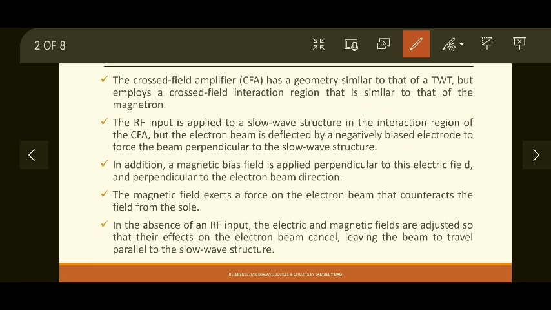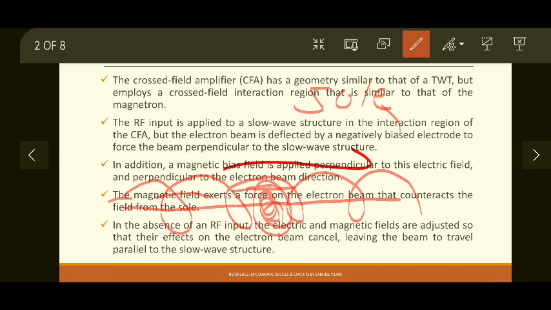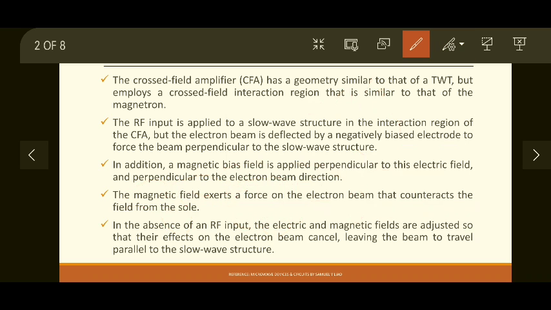This negatively biased electrode, the sole electrode, forces the beam perpendicular to the slow wave structure. Okay, so if the slow wave structure is like this and the electron beam is moving like this, then the sole electrode in between will force the beam in the radial direction, perpendicular to the slow wave structure, which is in the longitudinal direction. That is the purpose of the sole electrode.